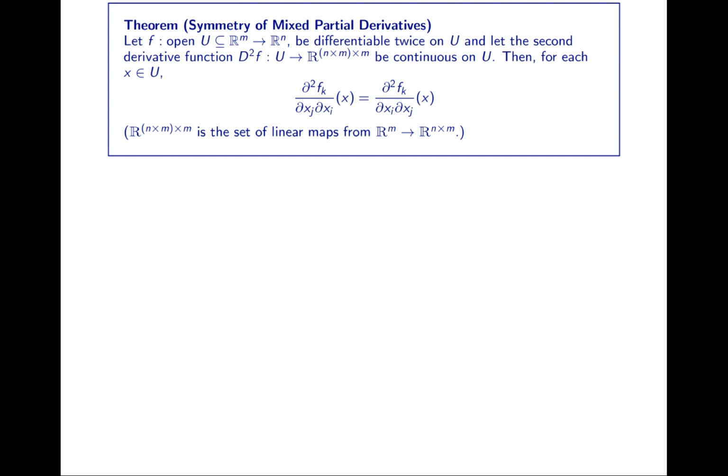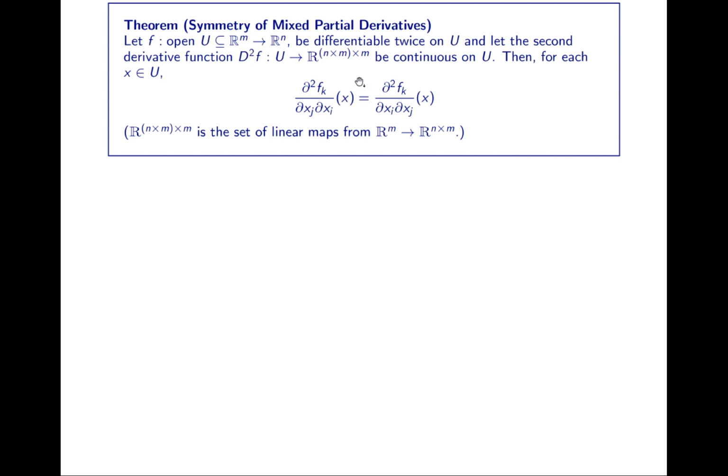Then for each x in my domain, whether I take the derivative with respect to xj first and then xi, or xi first and then xj, I get the same result. Meaning that if this were true, then my Hessian matrix would be symmetric, of course, presuming that n is 1.